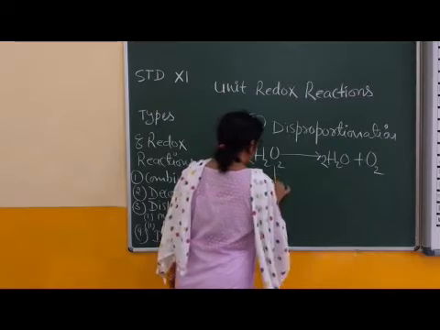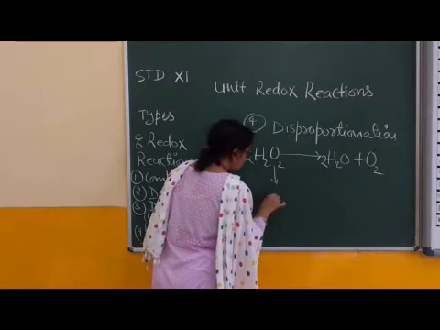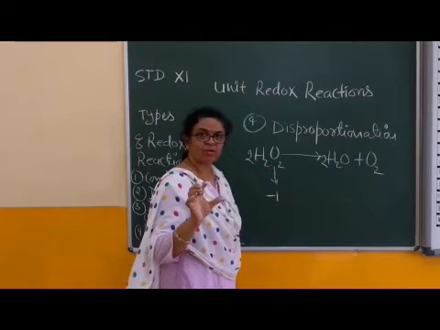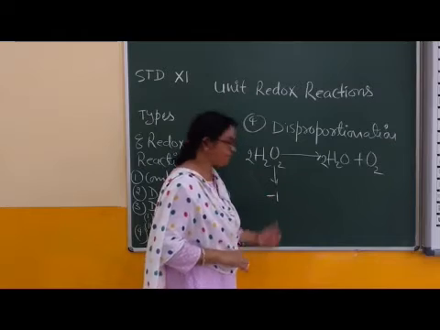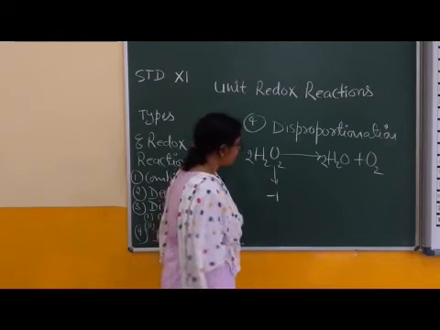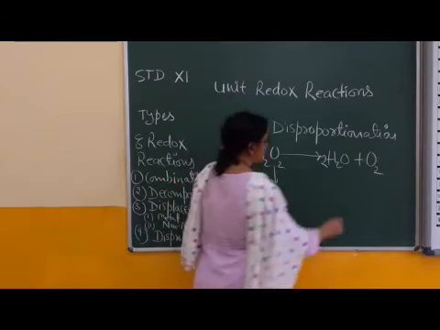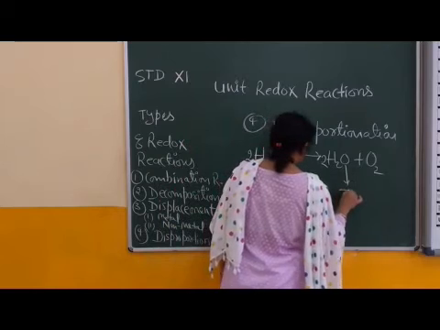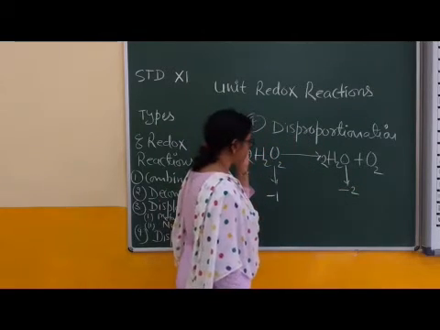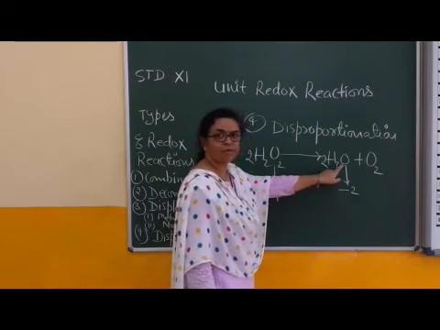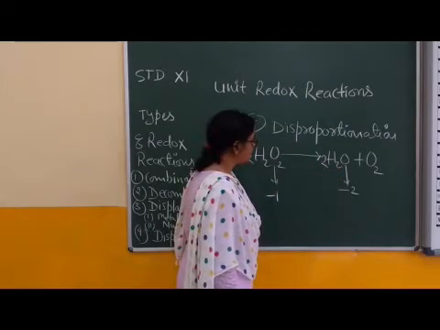In hydrogen peroxide, in the peroxide state, the oxidation number of oxygen is always -1. Hydrogen's oxidation number is +1, and oxygen in combined form is -2. This is combined form, O is attached with hydrogen.